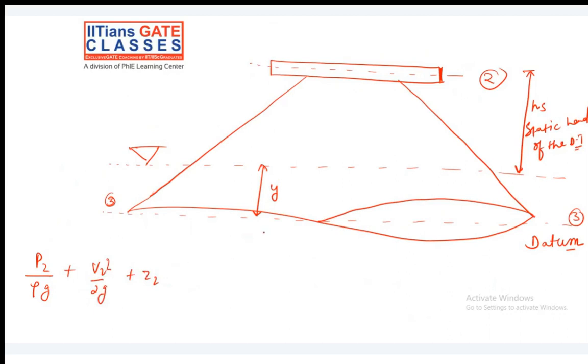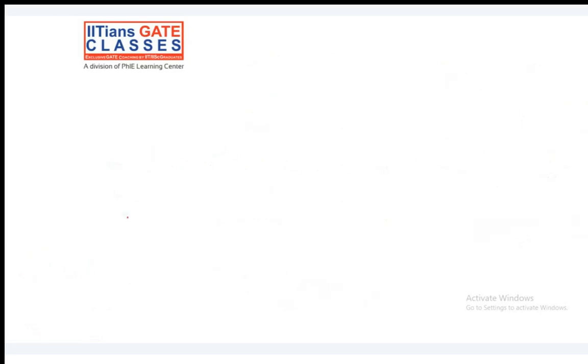If I have considered this one as datum, then this is equal to P3 upon rho g plus V3 square upon 2g, plus no datum level, so this is 0. When we solve this, P2 upon rho g is equal to P3 upon rho g plus V3 square upon 2g minus V2 square upon 2g minus HS.